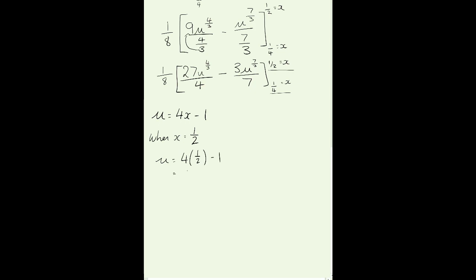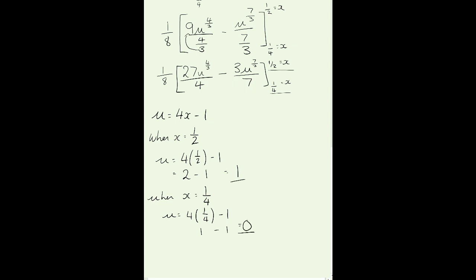Now 4 times a half is 2, minus 1 is 1. And when x is equal to a quarter, u is equal to 4 lots of a quarter minus 1. So 4 lots of a quarter is 1, minus 1 is 0.